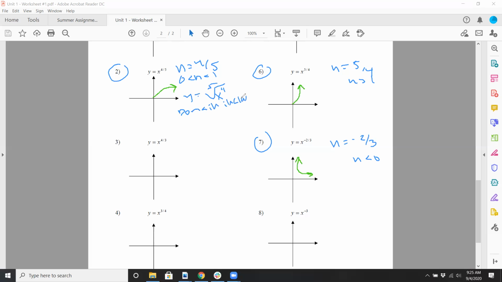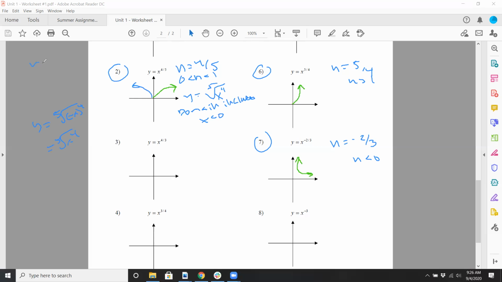So the domain includes x less than 0. Then what we do is we replace x with negative x and see what happens. Taking the fourth root keeps it positive, so we get back to the same thing. So actually, that's our graph.